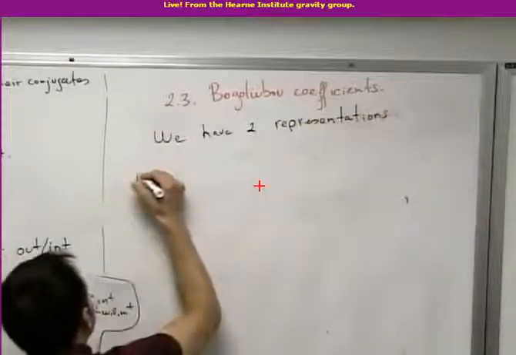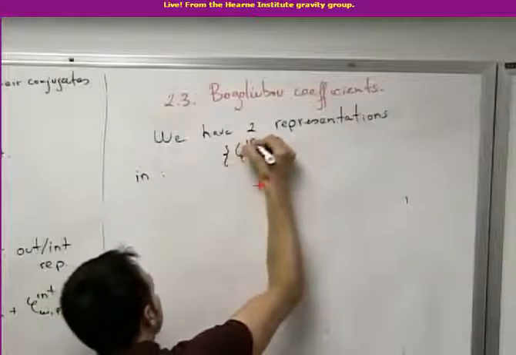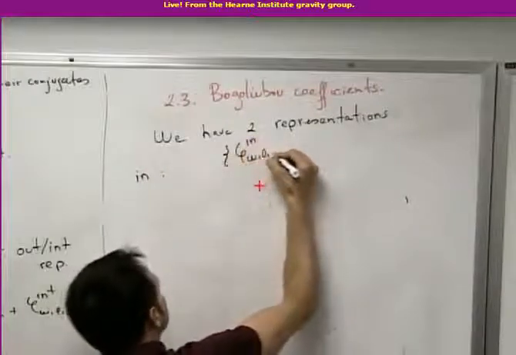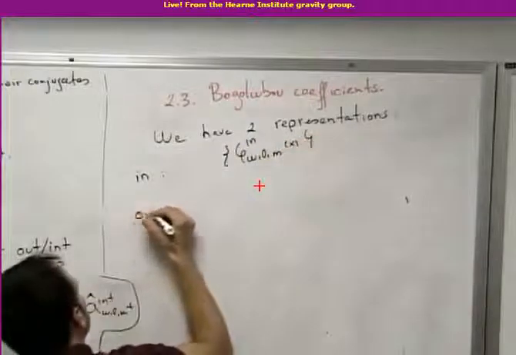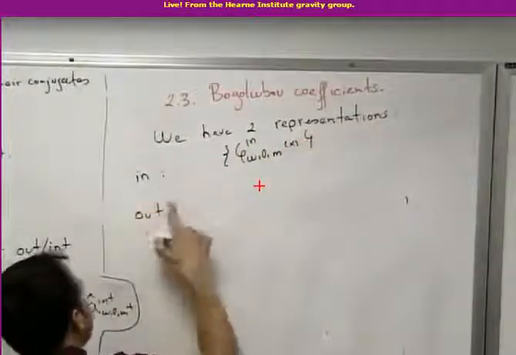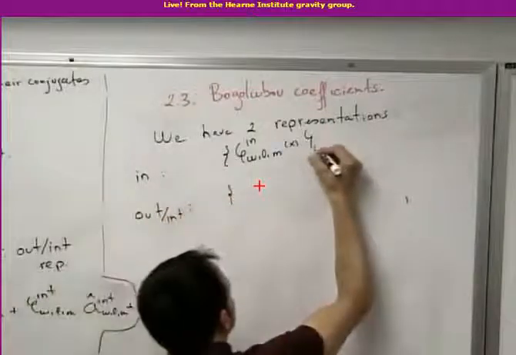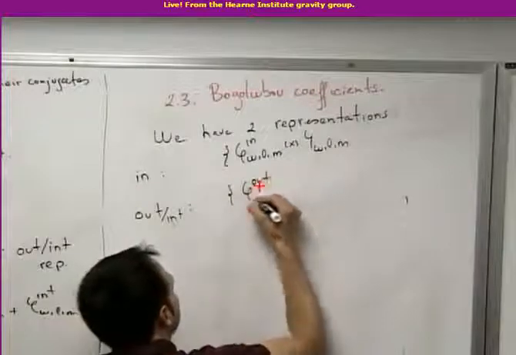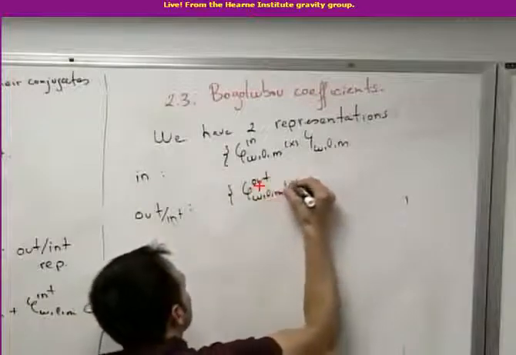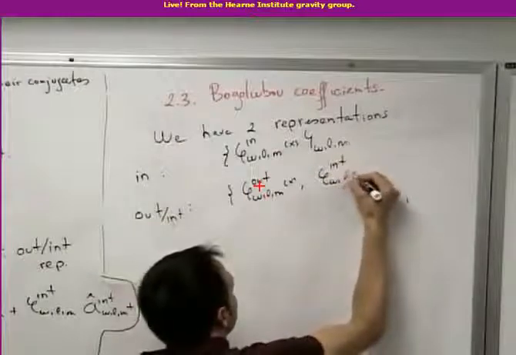We have the in representation, which is obtained using as our basis of positive frequency modes the in modes that we defined before, and we have the out-in representation, which is choosing as basis of positive frequency modes the combination of out and in modes.